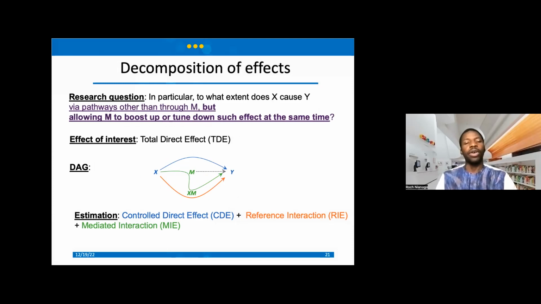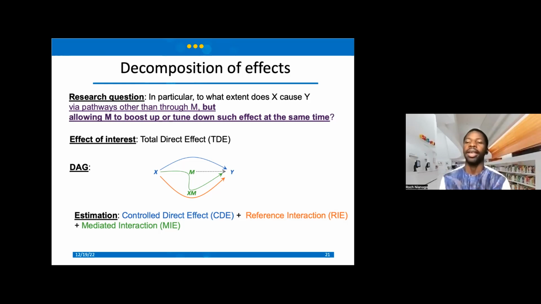Now, let's say, for example, someone was interested in the question, to what extent does X, in the case here, adverse childhood experience, cause or increase cognitive difficulties via pathways other than through psychological resilience? But in this case, we allow psychological resilience, M, to be able to boost up or tune down such effect at the same time.